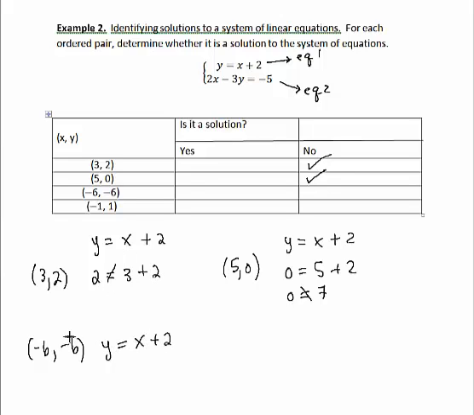Okay, with the third ordered pair, y is a negative 6. X is a negative 6, and then we add 2 to it. We get a negative 4. But that doesn't equal the left hand side. So negative 6 is also not a solution.